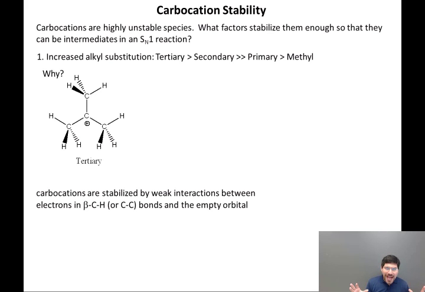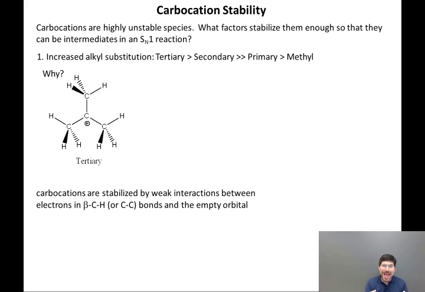And what it finds are the electrons in these beta carbon-hydrogen bonds. So it reaches out to one of them and says, hey, beta carbon-hydrogen bond, can I have some of your electrons, please? And the beta carbon-hydrogen bond, of course, doesn't want to give its electrons to the carbocation, but they still come in and see what's going on.